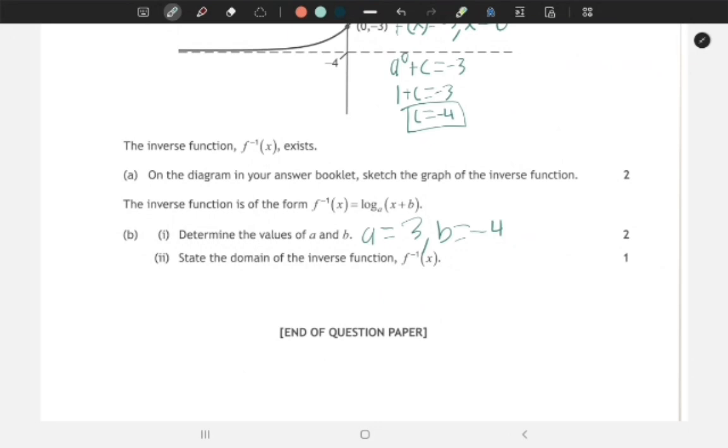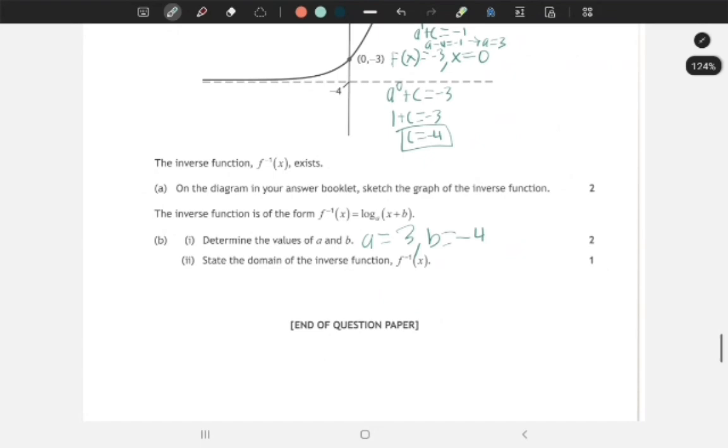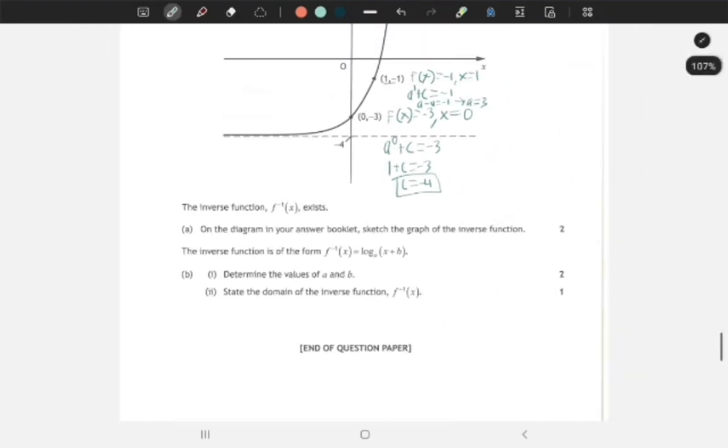The inverse is in the form of f inverse of x equals log of a, x plus p. So we must find the inverse now.